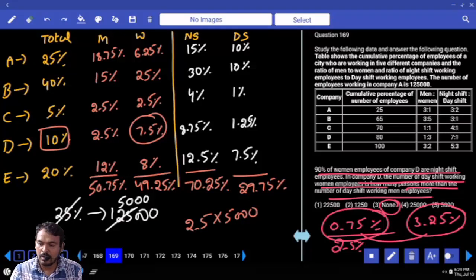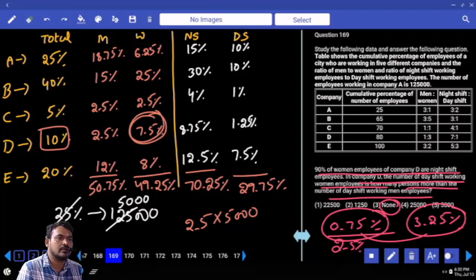Working men employees. What is the 90% of 7.5? 6.25. Out of 10 we are subtracting 6.25.